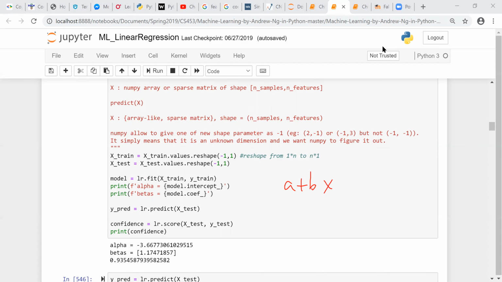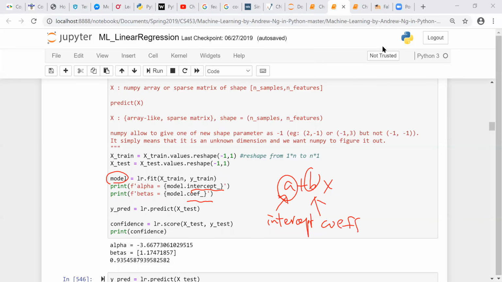So we have an intercept and we have a coefficient. We need to know exactly what these two values are. Once you have the model trained, you will get the intercept and coefficient values.